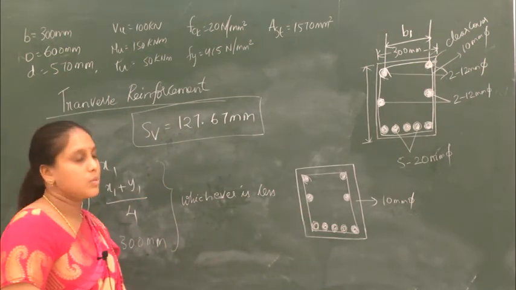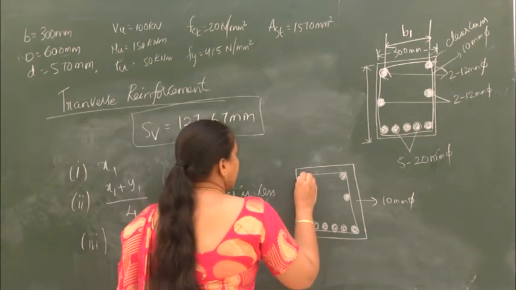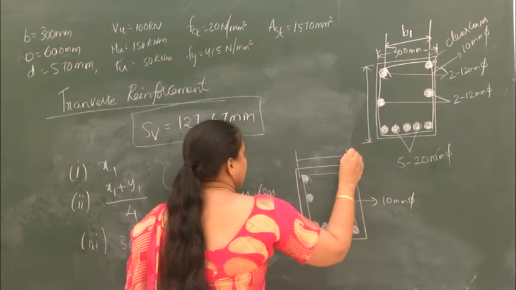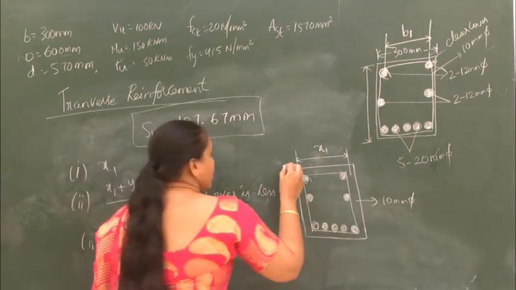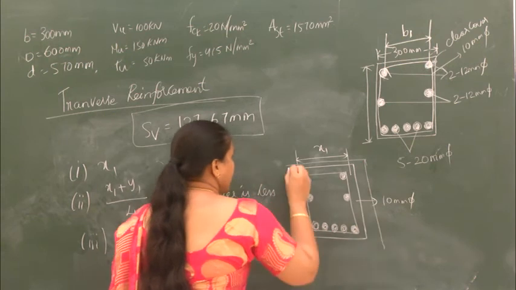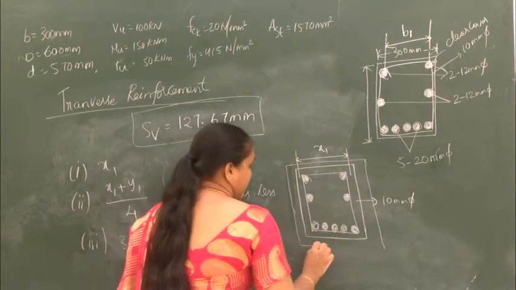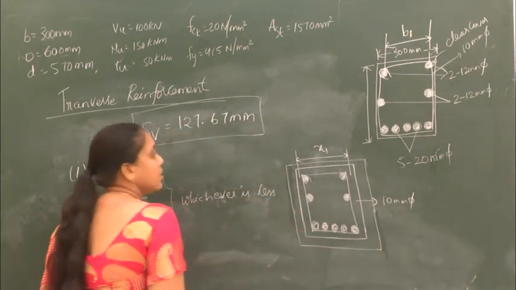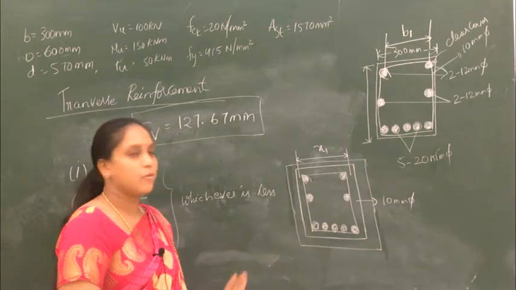So what is x1 and what is y1? x1 is nothing but the center to center distance of the stirrup. Okay. So your beam will be like this. This is our stirrup, this is our beam and this is a reinforcement.